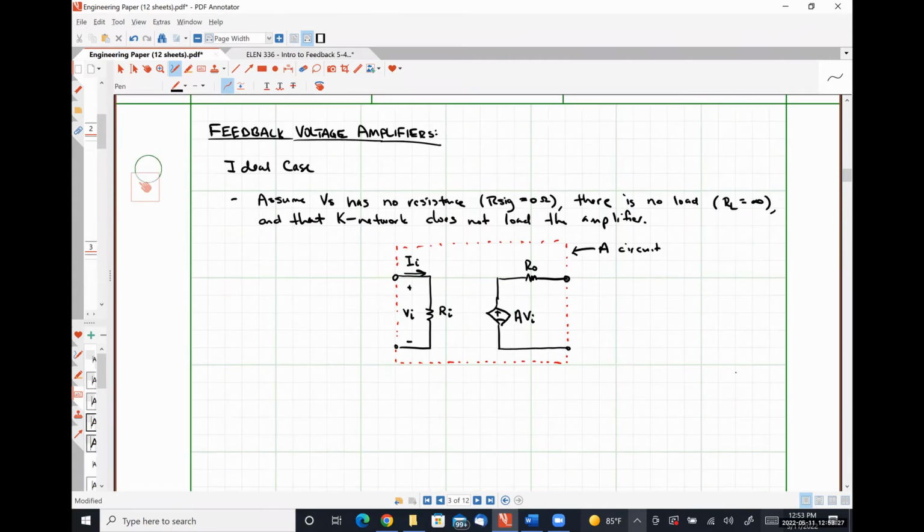Down below, I'm going to include an idealized version of my feedback network. So I want my feedback network to not load my amplifier.